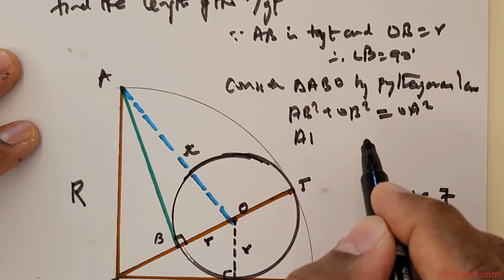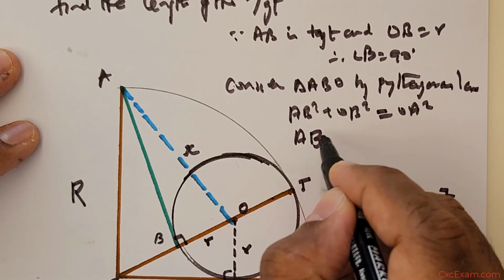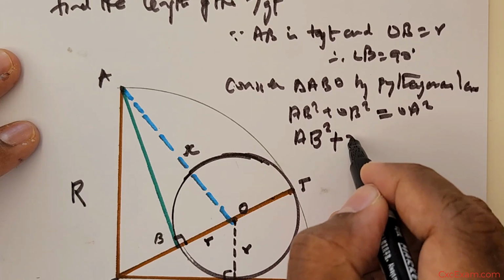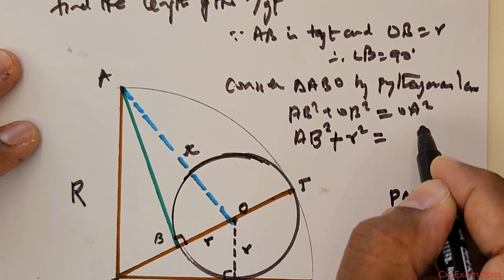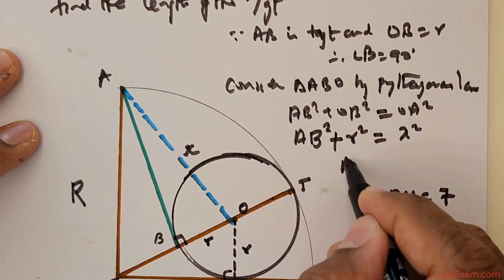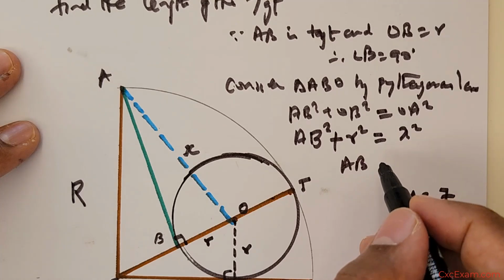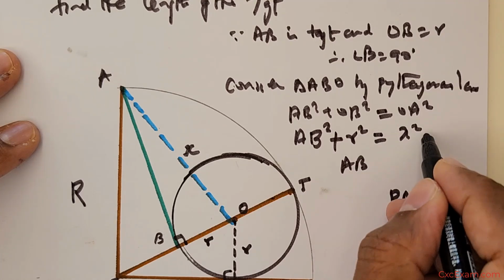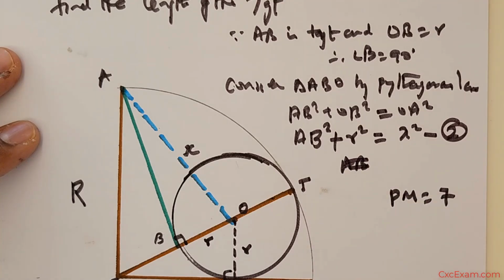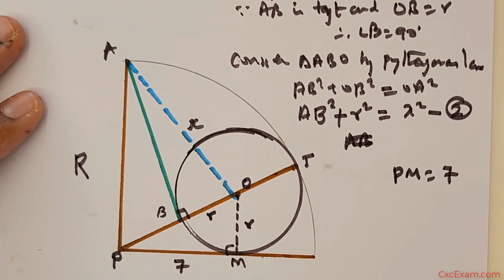I do not know AB squared, that is required, so place that. OB squared is R squared and OA squared is x squared. So I now have x squared equals R squared plus AB squared. Okay, let me take this as equation 2.